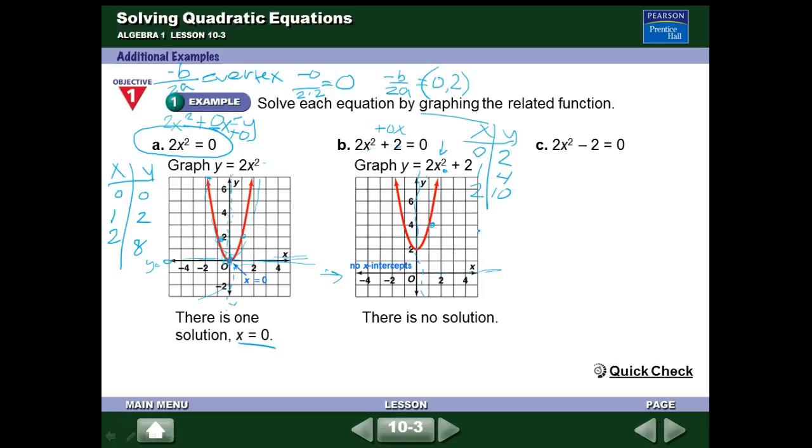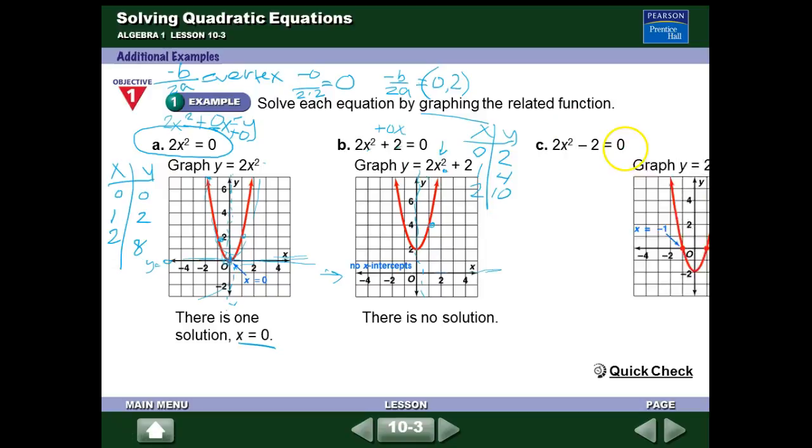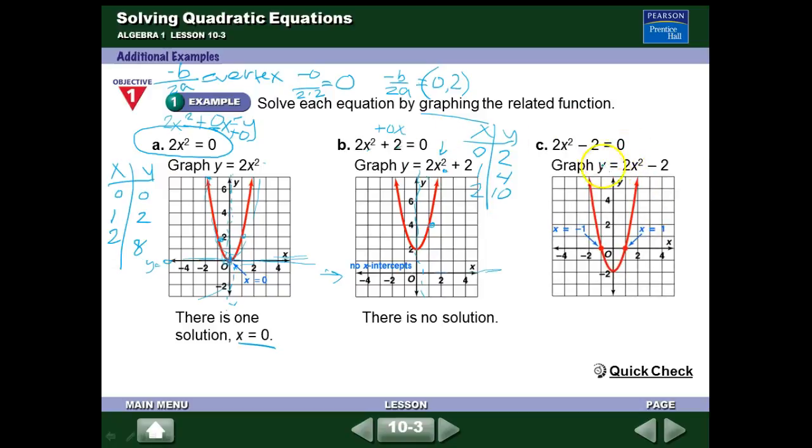The last equation here, 2x squared minus 2 equals 0. Understanding, we rewrite that, and I'm asking you to graph y equals 2x squared minus 2. You can find your vertex using yesterday's stuff, negative b over 2a. My b value is still 0, over 2 times 2 is 4. 0 over 4.